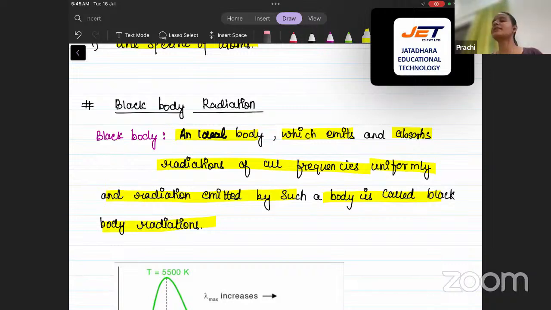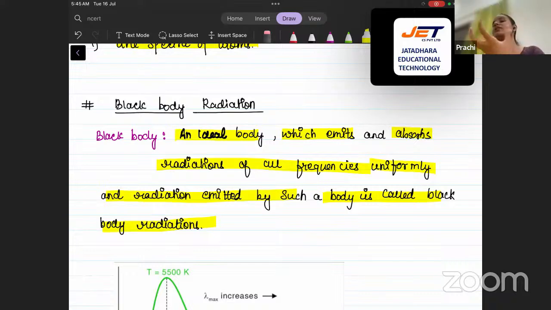Now what can be the example? I'm saying we don't have any perfect black body, but yes, we have black bodies around you which can emit and absorb light. They may not be perfect black bodies, but the best example is the sun.